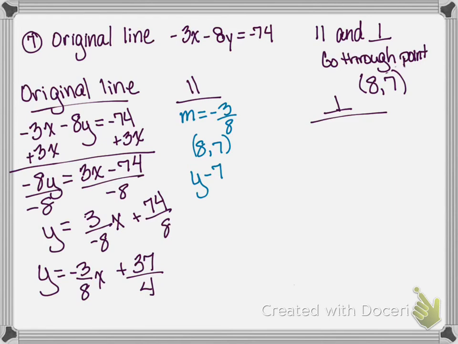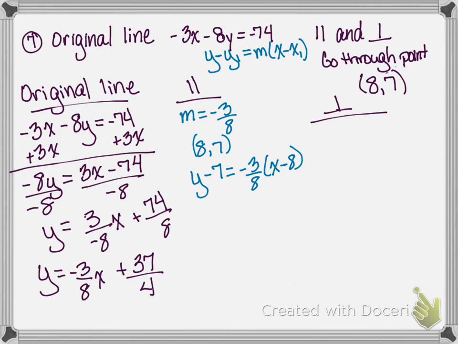That's the formula we're going to use, point slope. It's y minus y sub 1 equals slope times x minus x sub 1. And I will give you that formula. So I've got y minus 7 equals my slope times x minus 8.